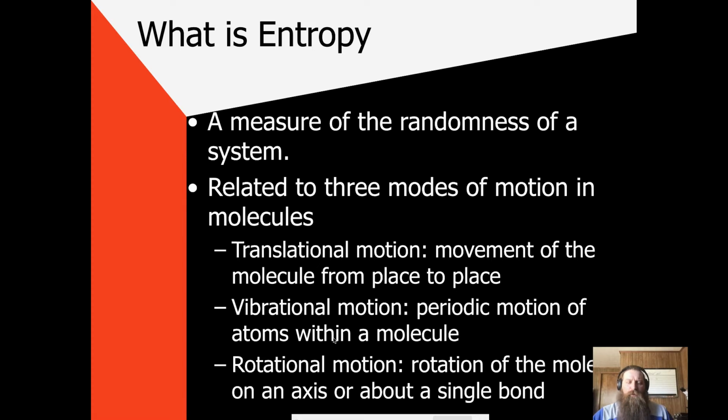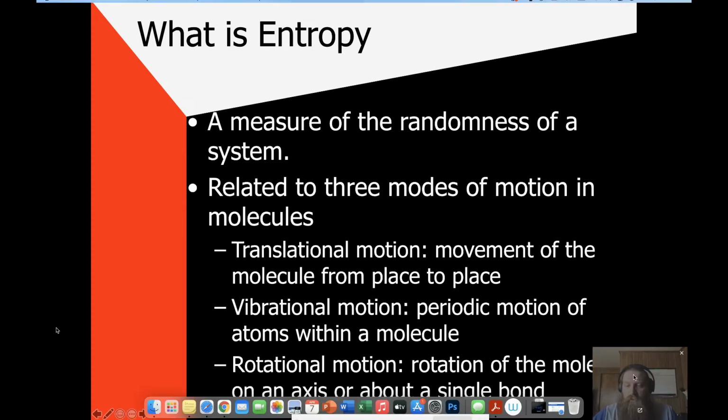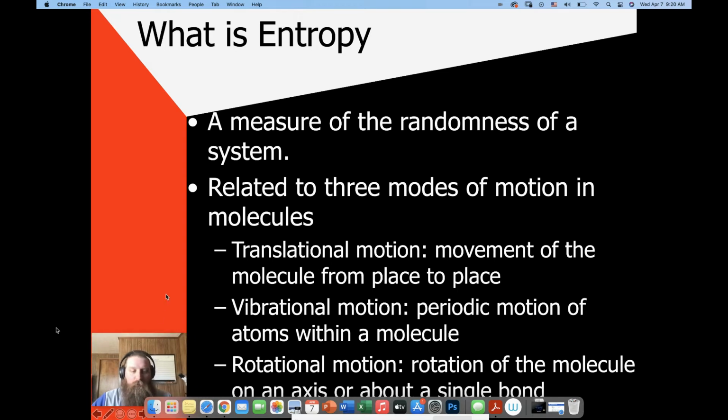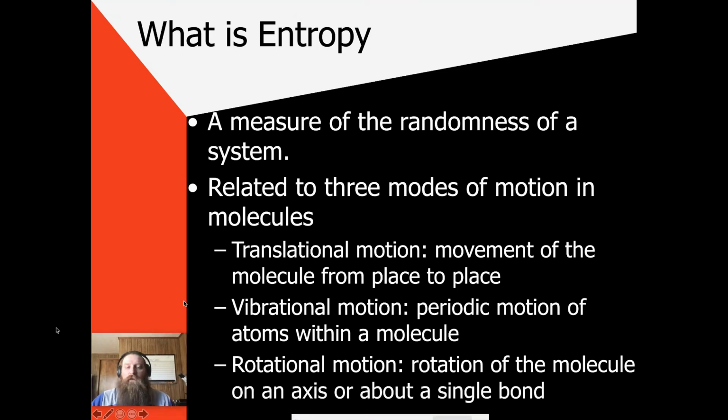So, what is entropy? Let's take a moment and talk about this new term. Entropy is the measure of randomness in a system. It's related to three modes of motion in molecules: translational motion, vibrational motion, and rotational motion. Translational motion is when a molecule actually moves from point A to point B through space.